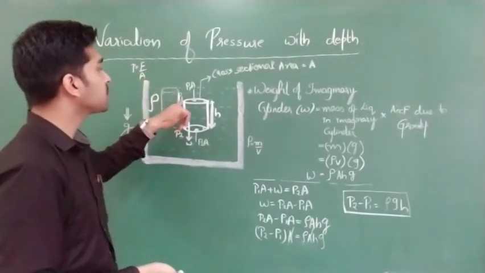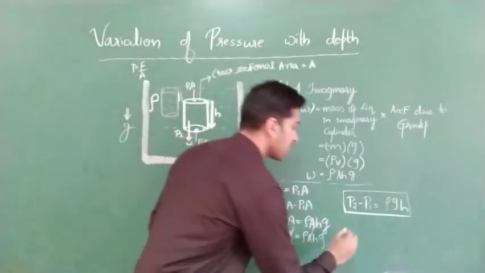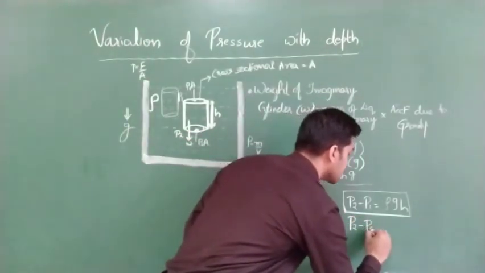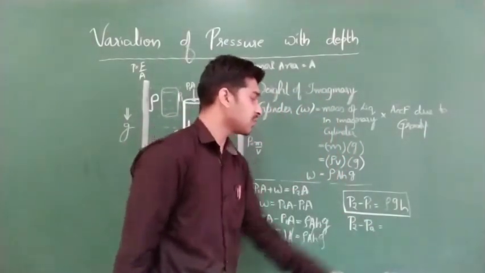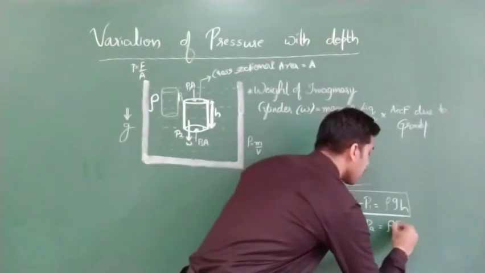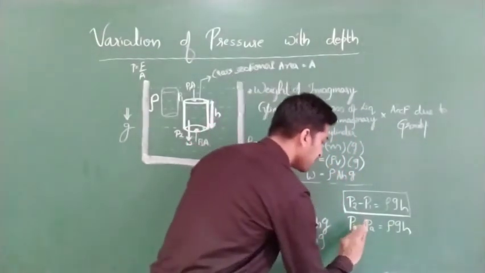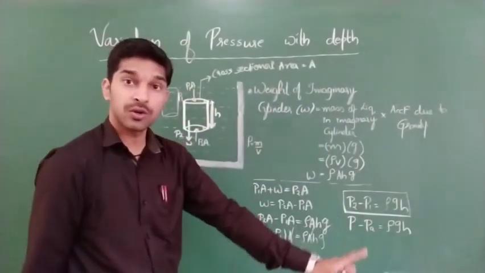Earlier the topmost point pressure was P1; that P1 we shift to PA, where PA is the atmospheric pressure. P2 minus PA is equal to rho GH. Or instead of writing P2, simply the pressure is P. P minus PA is equal to rho GH.